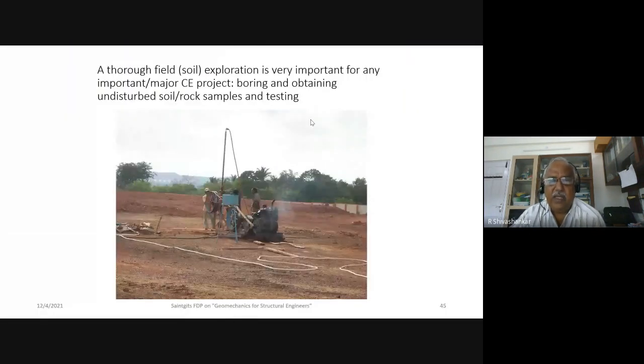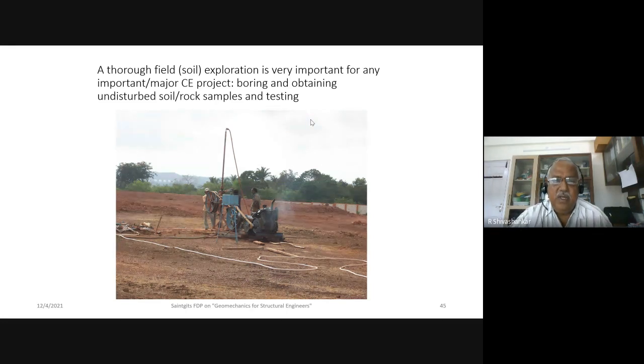Another important thing is, in geotechnical designs, you shouldn't take the soil for granted. You should have a thorough investigation done to find out the different strata, the depth of the water table, and how the water table fluctuates during monsoons and in the dry season. Because whenever the soil is submerged, its bearing capacity is reduced by half.